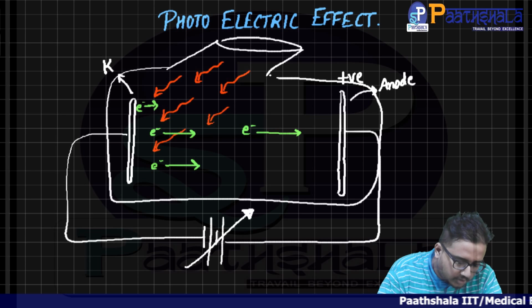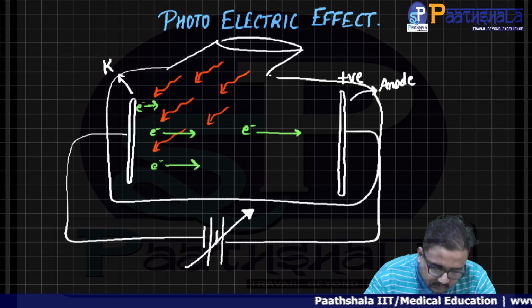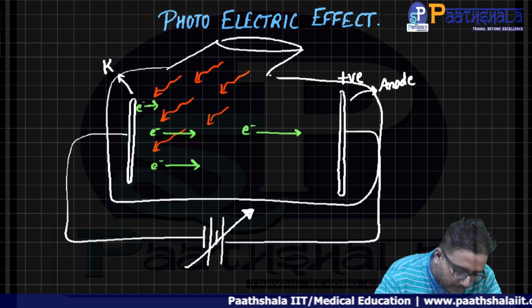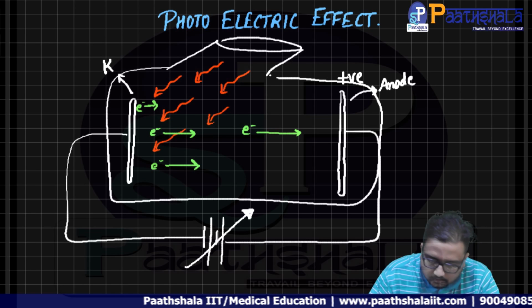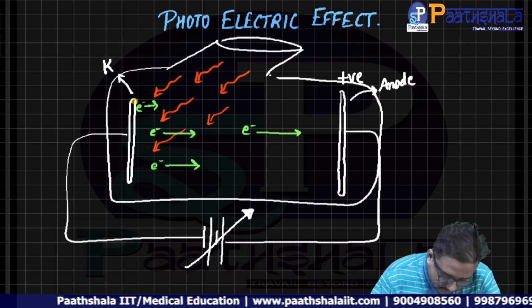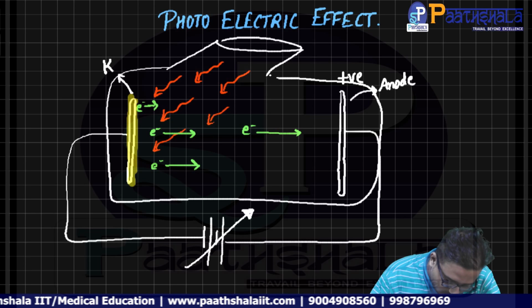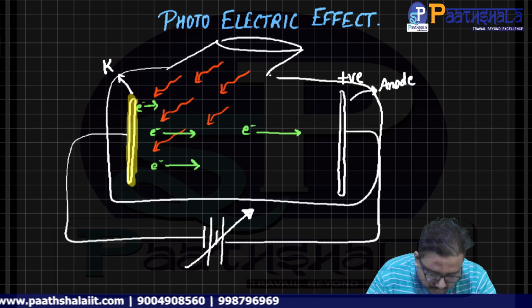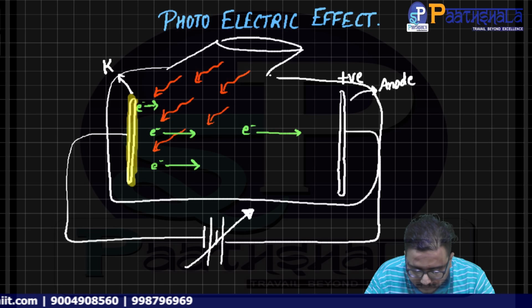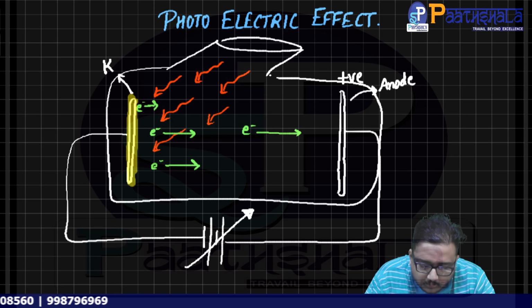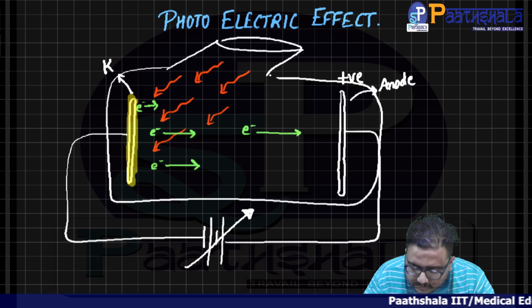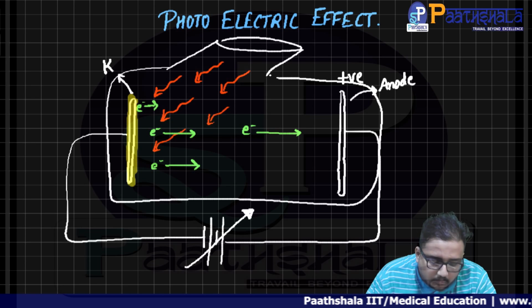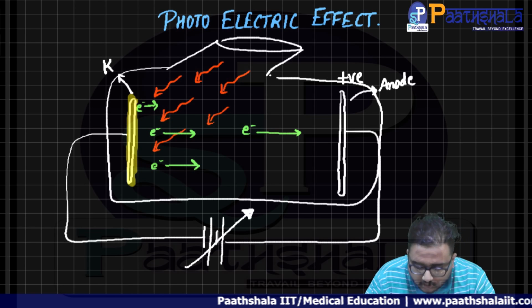I'll again recapitulate. Photons are being incident on a metal plate called as the cathode. Because of this is the cathode, the one highlighted in yellow, because of which electrons are emitted and electrons move towards the opposite terminal, which is called as the anode. Anode being positive, it will attract the electrons naturally, and cathode being negative will repel the electrons naturally.